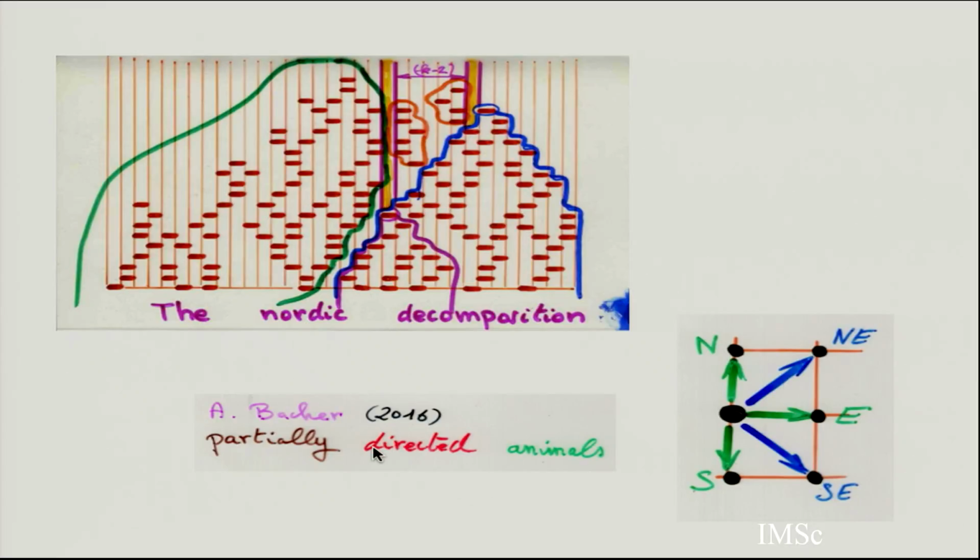Bacher was able to solve this problem by putting such animals in bijection with heaps of segments and applying the methodology of the Nordic decomposition. So it can be useful to reprove results which can be obtained by calculus, because then you have a tool with which you can solve open problems. And you get everything, the enumeration, the asymptotics. So it's a larger class of animals.